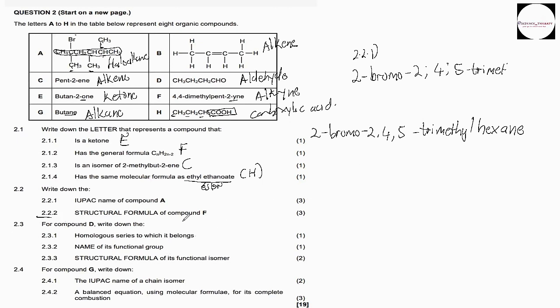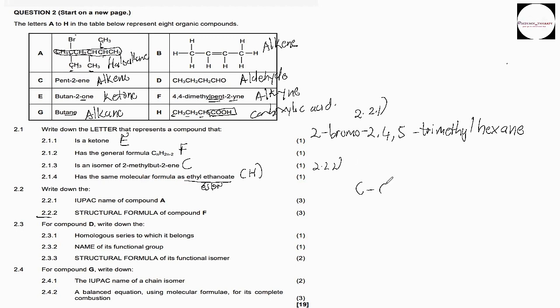So that was for 2.2.1. And then 2.2.2 says the structural formula of compound F. To draw the structural formula, pent indicates our longest chain must have 5 carbons.